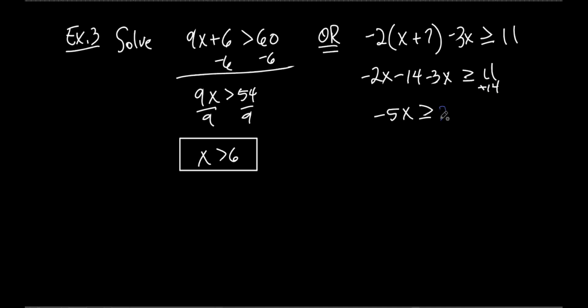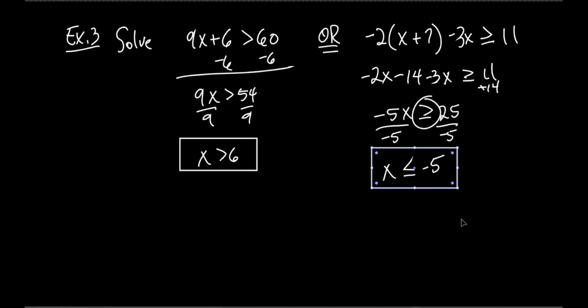Greater than or equal to 25. Oh, do you see what's going to happen here? Always look for that, all right? Don't miss it. You're dividing by a negative. So what are you going to have to do with this inequality? You have to flip it, right? So it's less than or equal to what? Negative 5. Did I do that right? Make sure you check my math when I go too fast sometimes. Yep, that's correct.